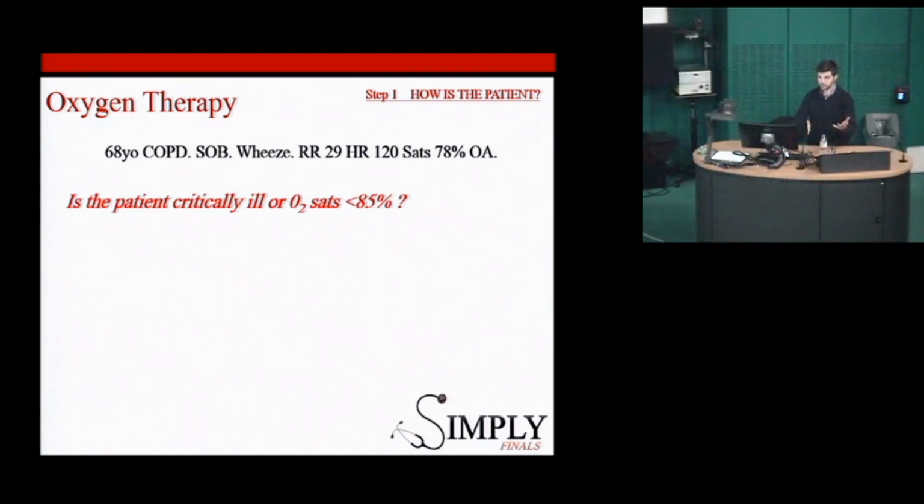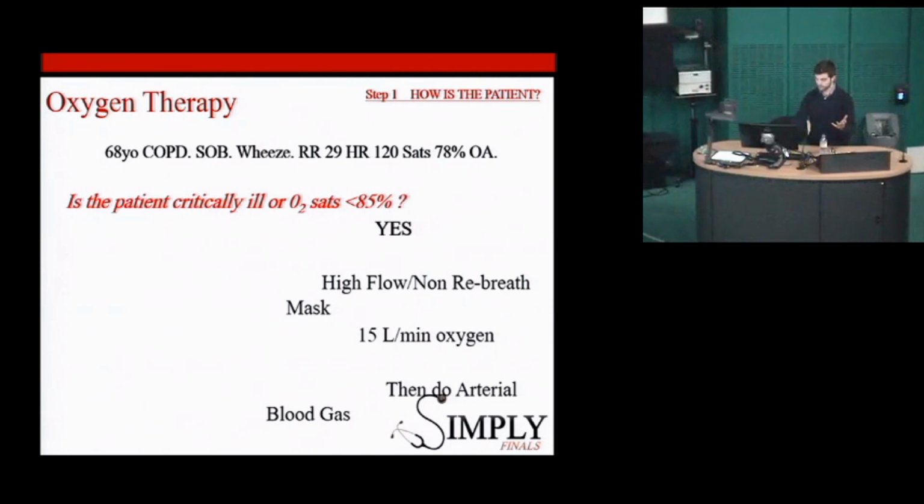High flow oxygen, okay? So really important you guys get this. Even though his background is COPD, even though you're all scared he might be a CO2 retainer, he's unwell. Hypoxia will kill someone. A side effect of hypoxia is death. Side effect of hypercapnia is maybe a bit drowsy, maybe a bit confused, but not death.